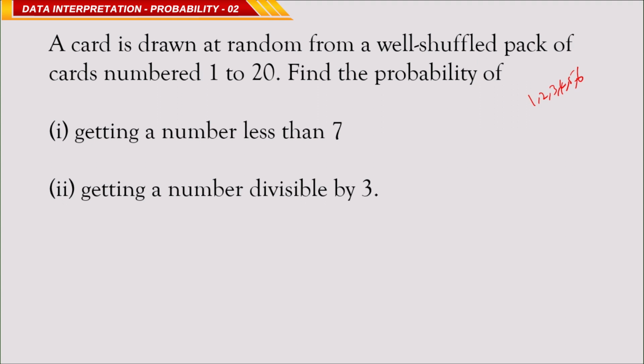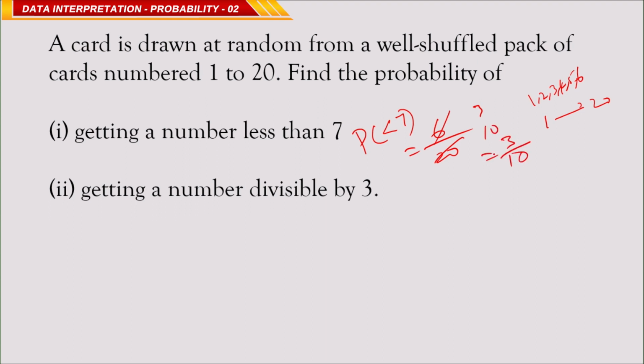Total outcomes is 20, correct, from 1 to 20. So the probability of getting a number less than 7: favorable outcomes is 6, total outcomes is 20, 6 by 20. So we can say 2 3s are 6, 2 10s are 20, the probability of that event is 3 by 10.